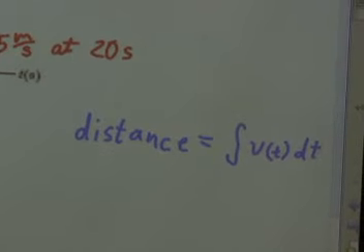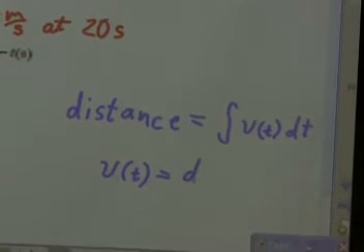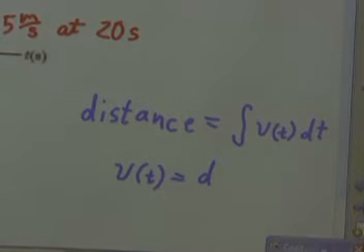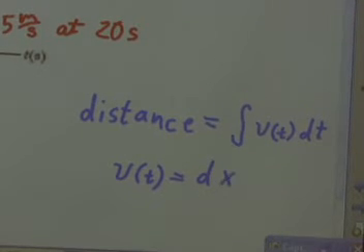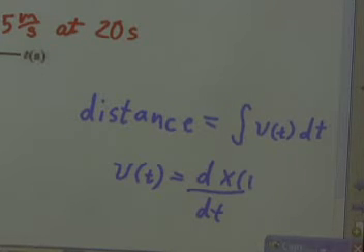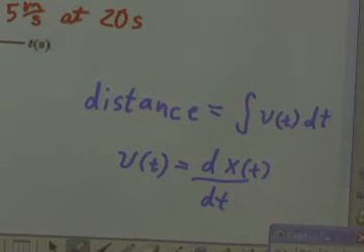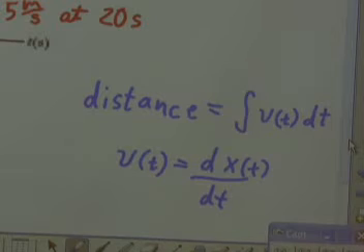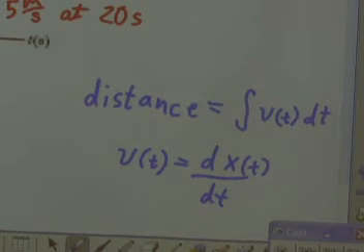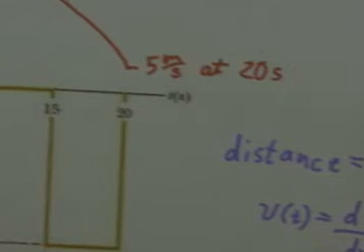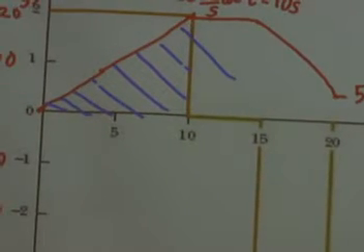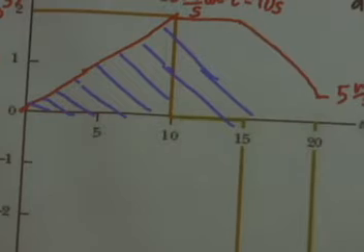Or that similarly, you can write that the velocity as a function of time is equal to the derivative of the position, let's call that x, with respect to t. And of course, x is also a function of time. Therefore, the distance is simply the area under the curve. The change in distance, the displacement, is this area. Well, let's continue that down here.